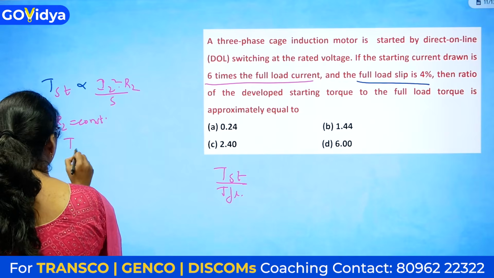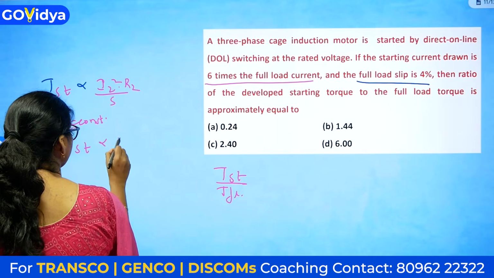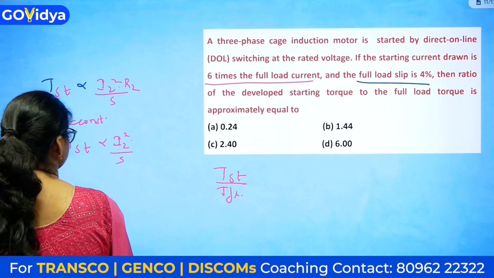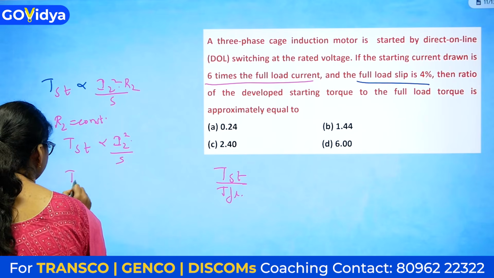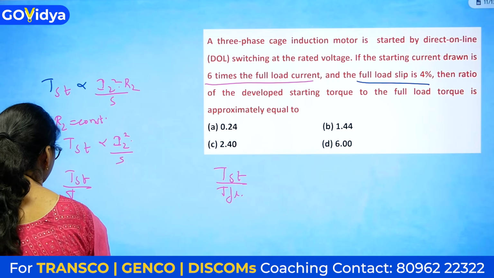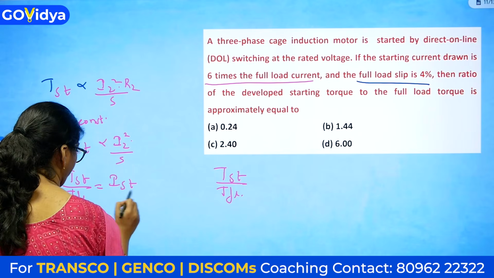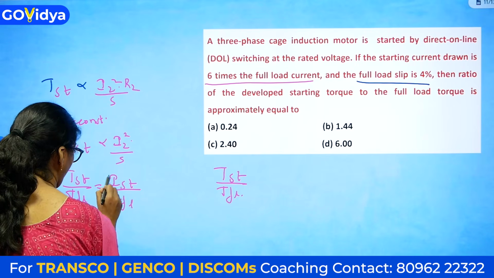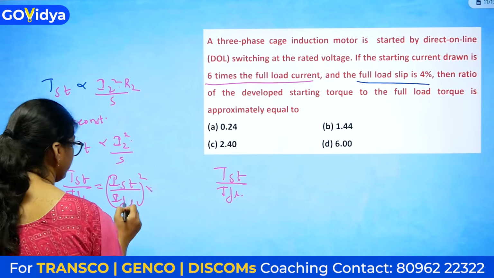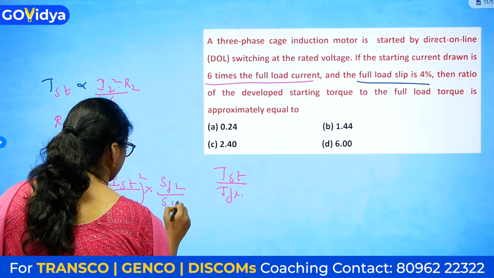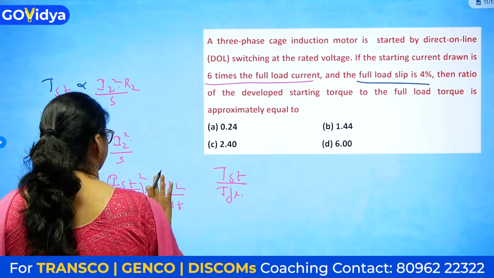So TST is directly proportional to I2 square by S. So TST by TFL is equal to (IST by IFL) whole square into SFL by SST.